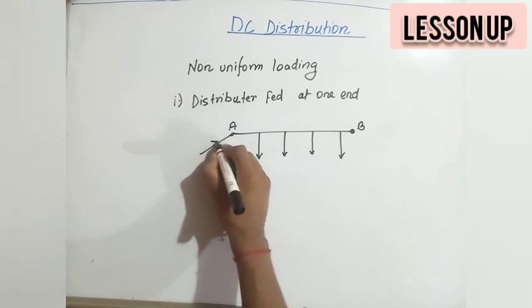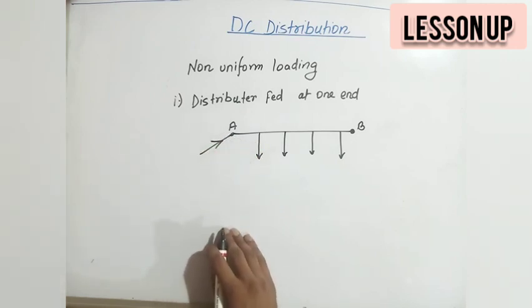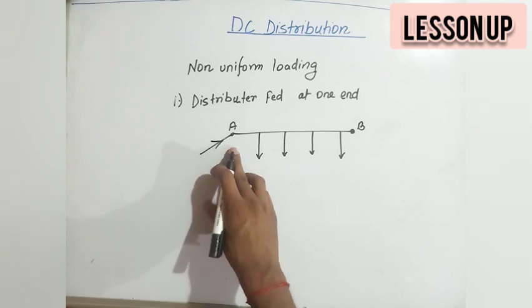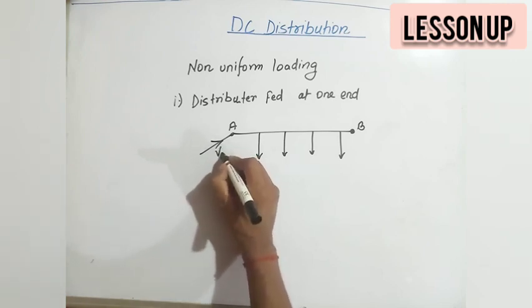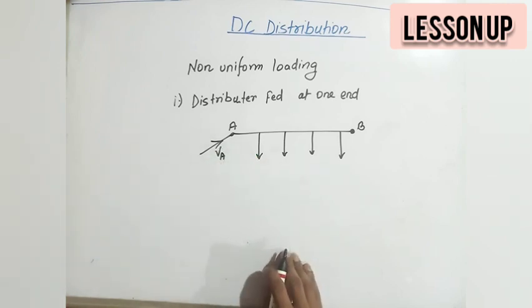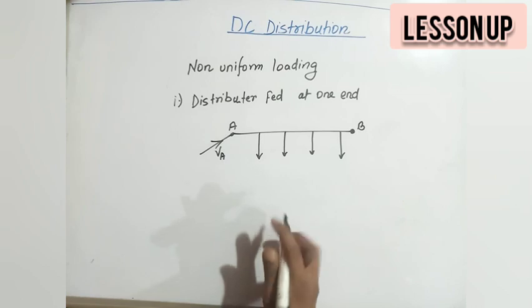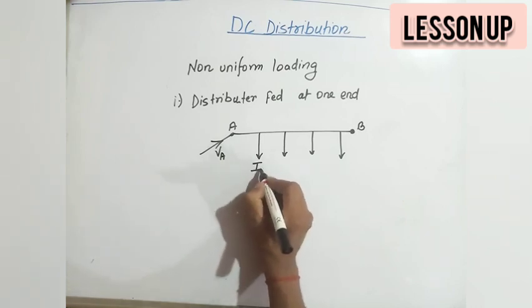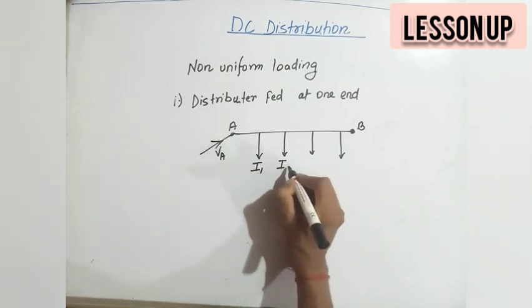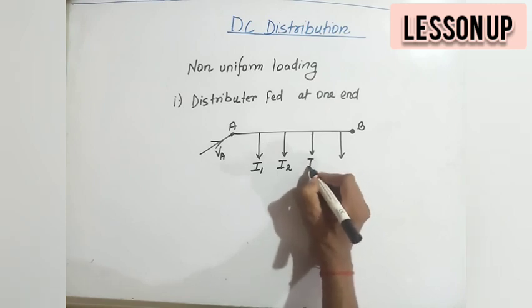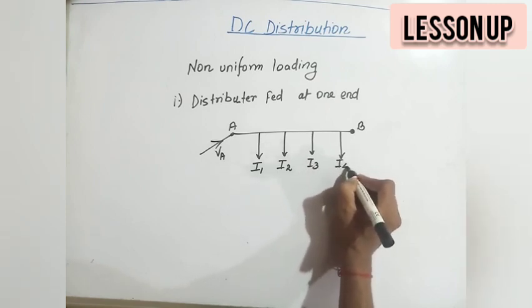Suppose this distributor is fed from point A and the voltage at this point is VA. We are not providing any supply from this point. So the four distributors draw I1, I2, I3 and I4 current.